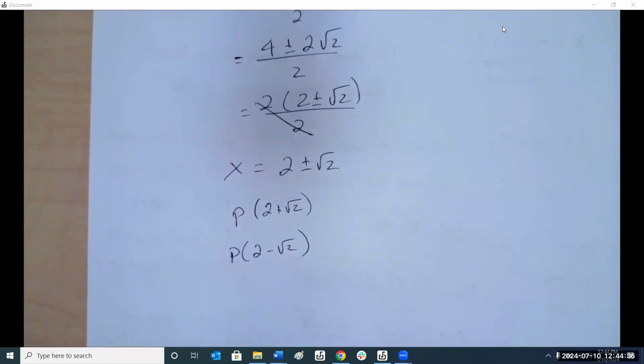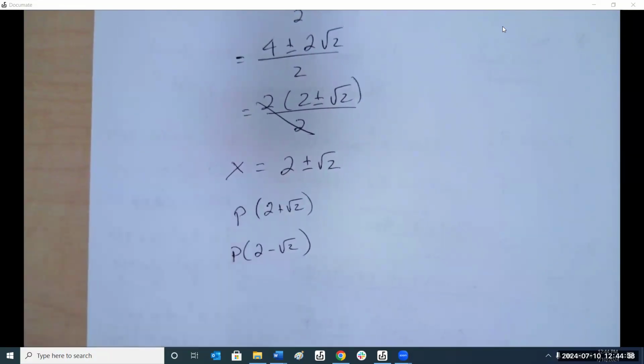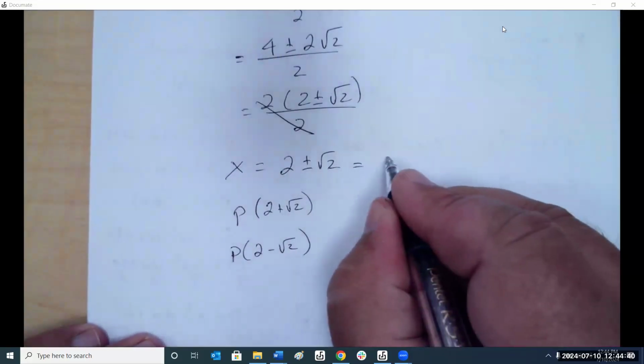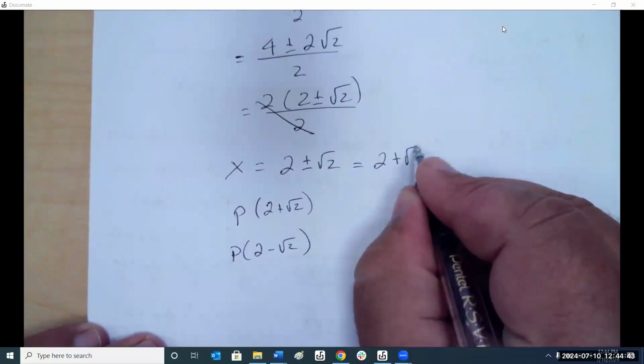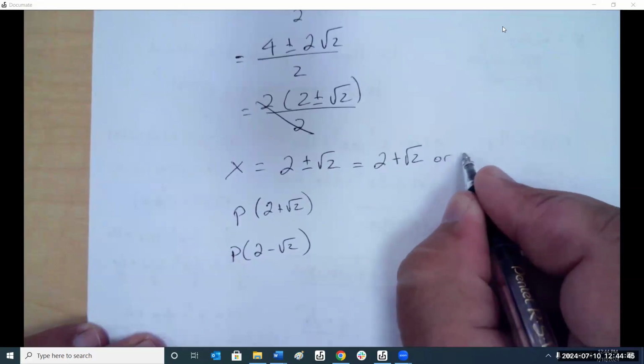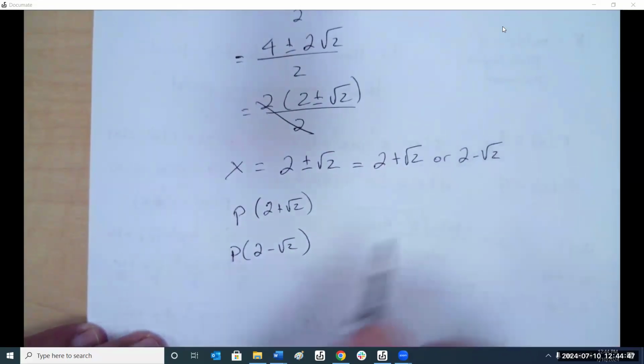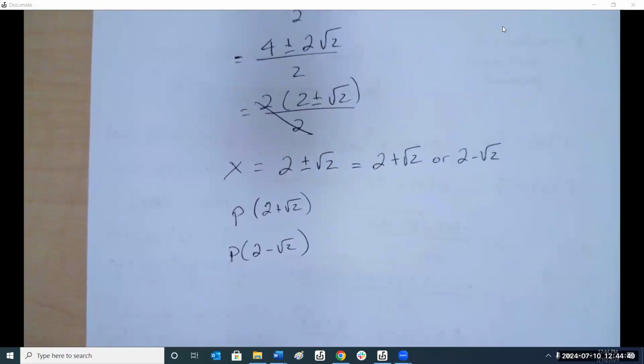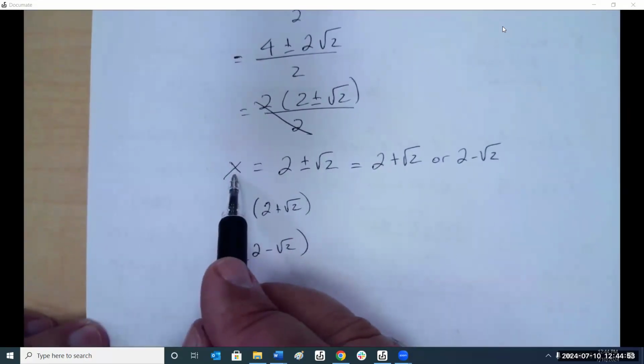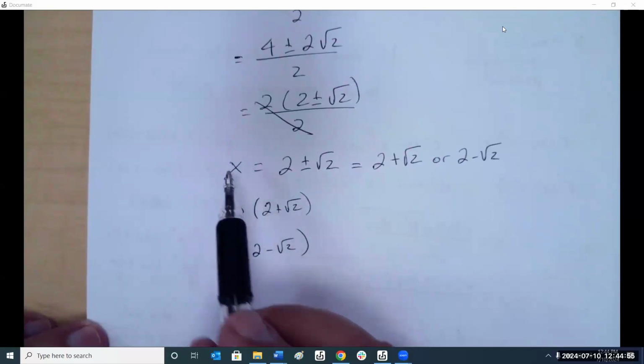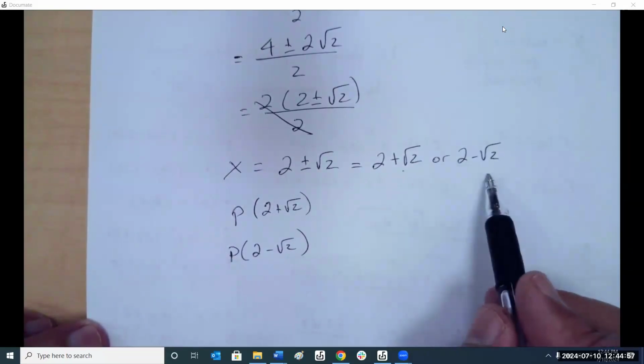How can we tell without calculating, without doing this part, which one of these? Remember, our answers are going to be either that or that, because remember, we're looking for our derivative set equal to 0. So these are our extrema points.